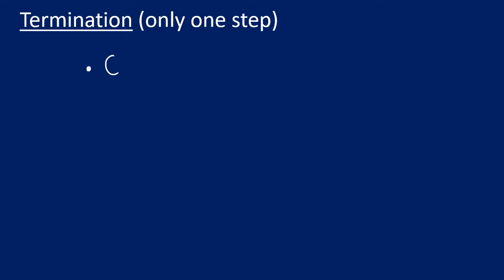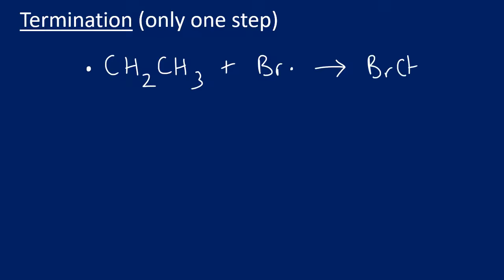The one that I like best would be to take the free radical that we've seen in the previous slide with the halogen free radical. They will come together to form our product. So all that's happening is the free radical is joining. So this electron and this electron are pairing up to make a covalent bond between that C and Br. So that would be classed as a termination step.